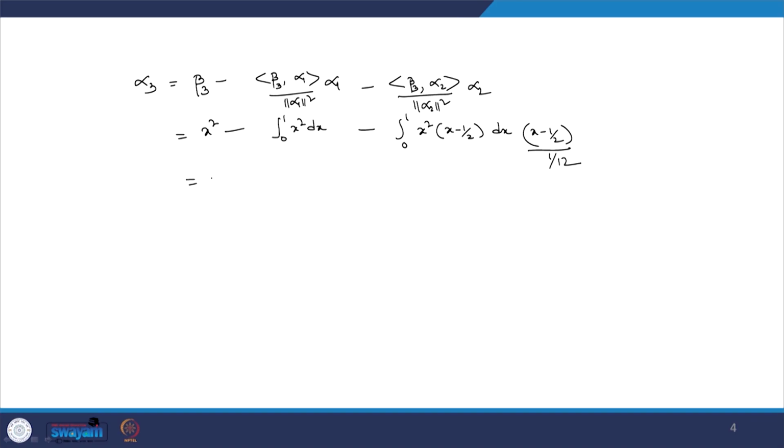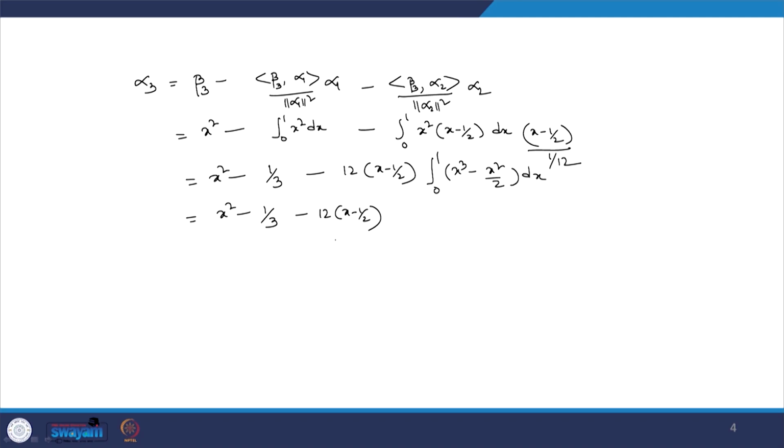So, this means that I am getting x square minus x cube by 3, that is 1 by 3, minus I will have 12 times x minus 1 by 2 and integral of 0 to 1 x cube minus x square by 2 dx, which is equal to x square minus 1 by 3 minus 12 x minus 1 by 2, and this will be equal to x to the power 4 by 4, that is 1 by 4 minus 1 by 6.